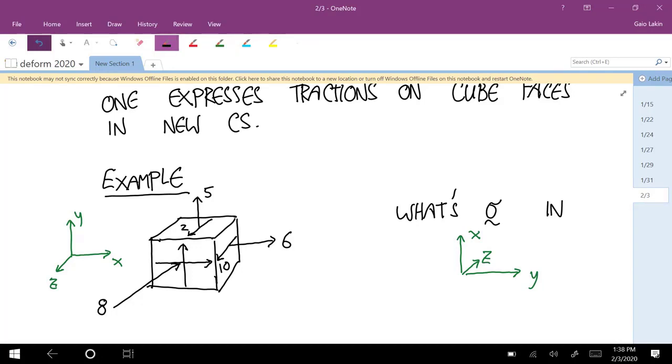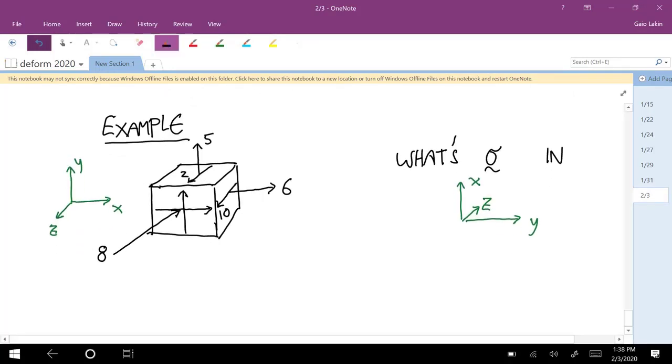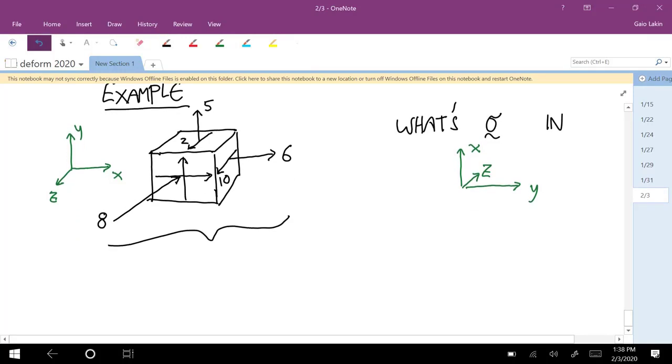Well, in this coordinate system, XX is 6, YY is 5, ZZ is -8. And then we have 0 XY. We have +10 XZ.